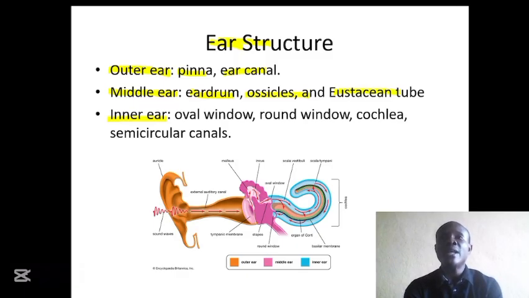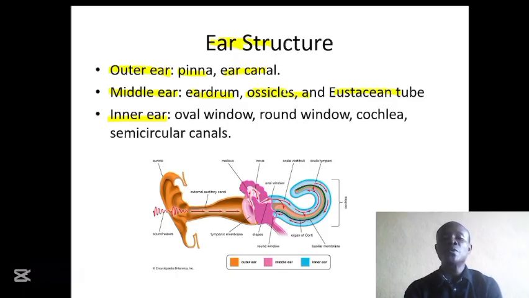The eardrum, when the sound wave reaches it, vibrates and amplifies the sound wave and transmits it to the ossicles. The ossicles are made up of three bones. We have the malleus, also called the hammer. We have the incus, also called the anvil, and we have the stapes, also called the stirrup.